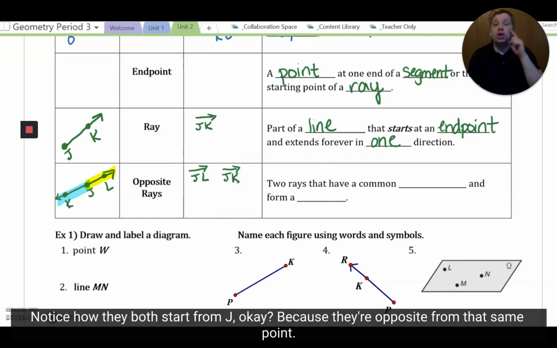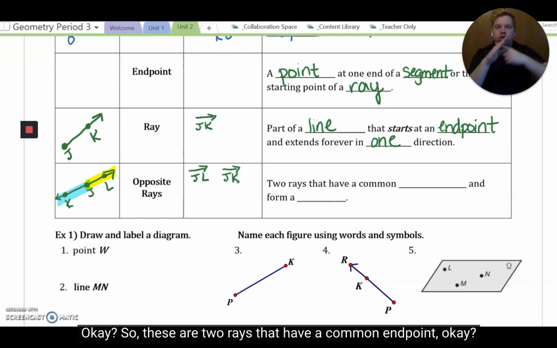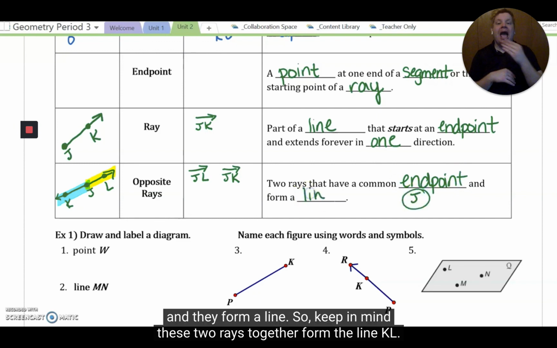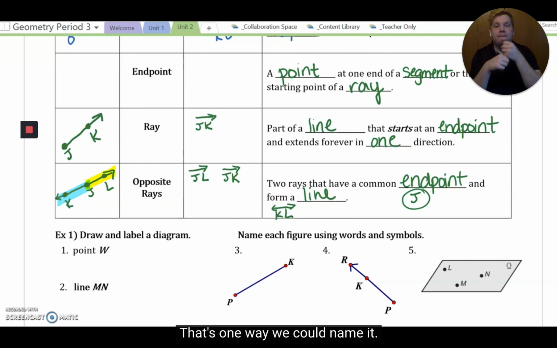Notice how they both start from J, okay, because they're opposite from that same point. Okay, so these are two rays that have a common endpoint. So in our case, we said J is that common endpoint, and they form a line. So keep in mind, these two rays together form the line KL. That's one way we could name it.